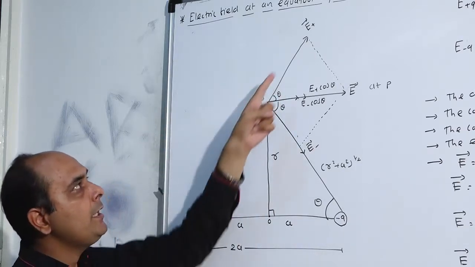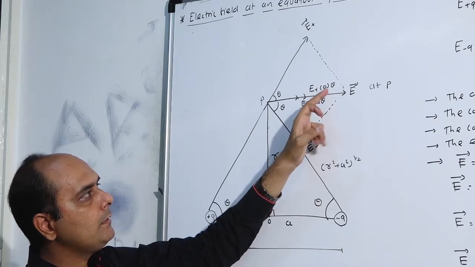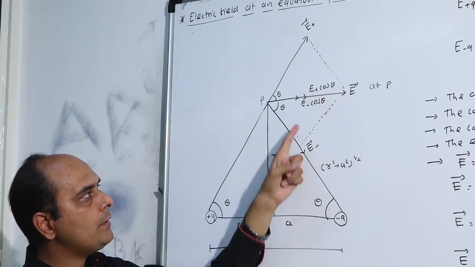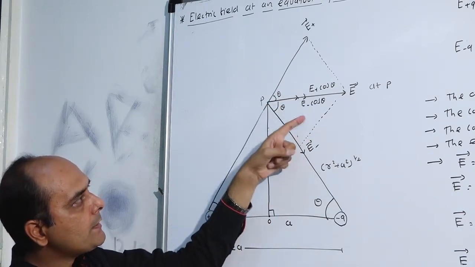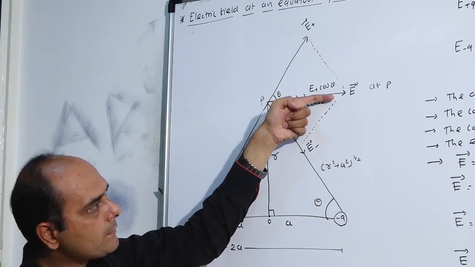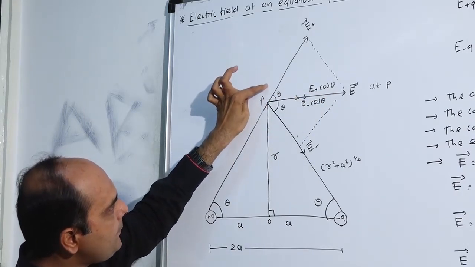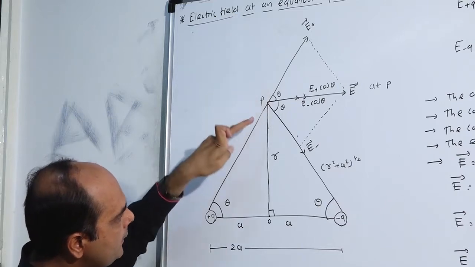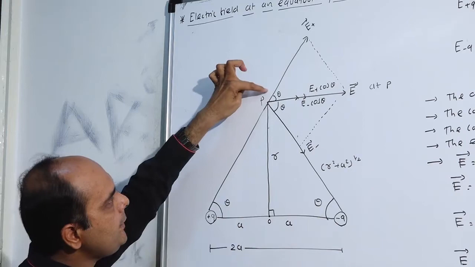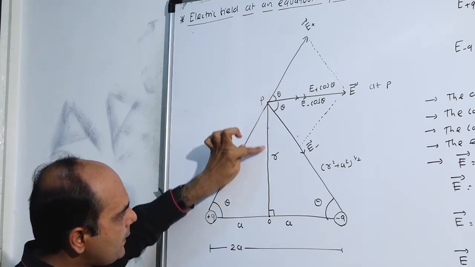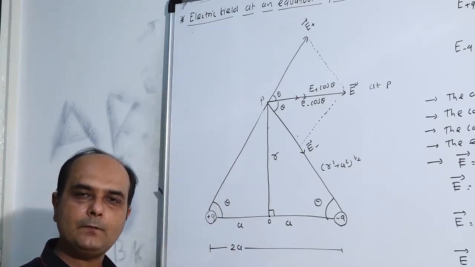One component of E plus is denoted by E plus cos theta, and for E minus the component is denoted by E minus cos theta. These two components are in which direction? Same direction. But this component is called E plus sin theta, and in this direction it is E minus sin theta. E plus sin theta and E minus sin theta are in which direction? Opposite direction. Their effect is nullified.